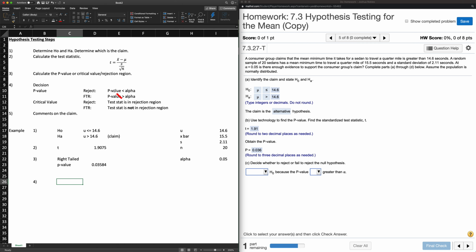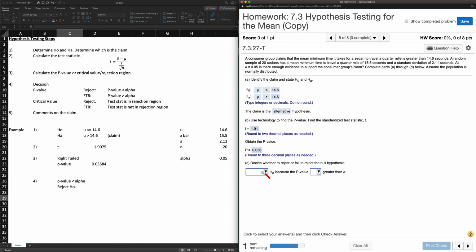So since our p-value is small, smaller than our alpha, we are going to reject. So let's highlight that. Our p-value now is less than alpha, so we are going to reject the null hypothesis. This only has the option for greater than. It is not greater than, it is less than, so we'll choose is not greater than.